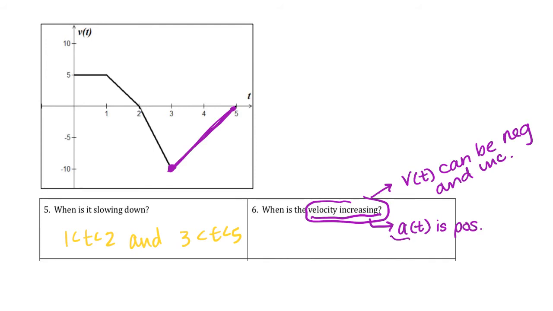So in other words, the acceleration, we can think of that as the slopes. Those slopes are all positive. So if I go in and I try to sketch a tangent line somewhere along here, notice all of those lines have a positive slope. So here is going to be from 3 to 5.